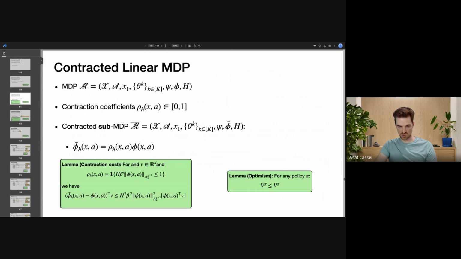Then it's less or equal to the square of the elliptical potential.